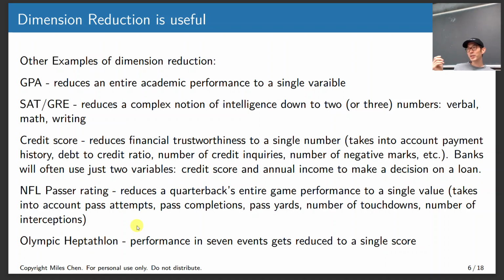One person might be really good at the running but not so good at the throwing, and another person did really well in the throwing but not as good at the running. How do you rank them? You can only have one ranking of best to worst, in determining who gets the gold and silver and bronze. And so that's a dimension reduction problem.